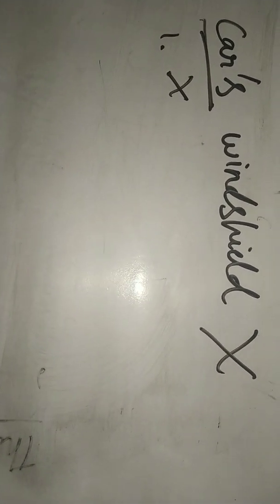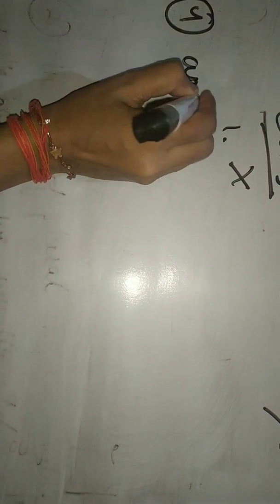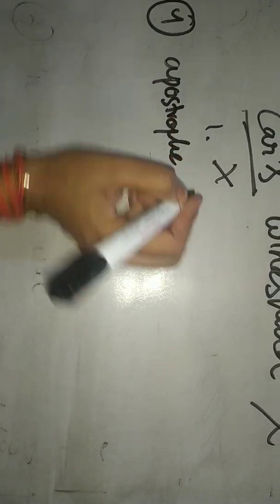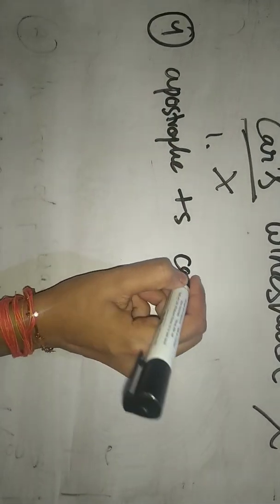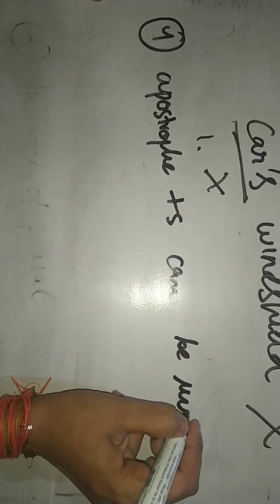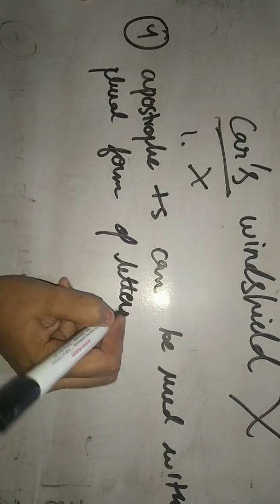I have told you up to the third rule that it is used with proper nouns. Now the fourth rule says that the apostrophe may also be used with the plural form of letters, figures or symbols. Apostrophe plus s can be used with the plural form of letters, words or symbols.